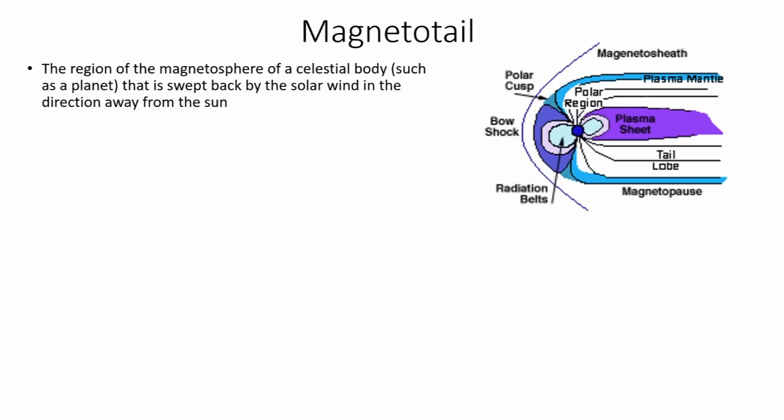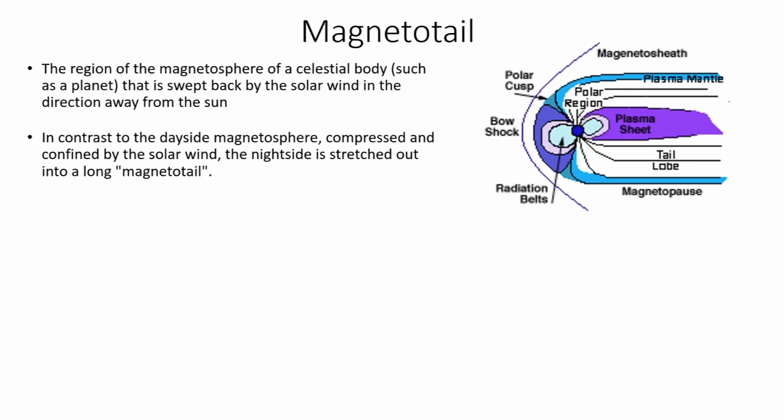So, you can see this one. This portion is called the magnetotail, and here this is called the tail lobe. This part, we already explained, is the bow shock, the magnetopause, and the magnetosheath. In contrast to the day side of the magnetosphere, which is compressed and confined by the solar wind, the night side is stretched out.